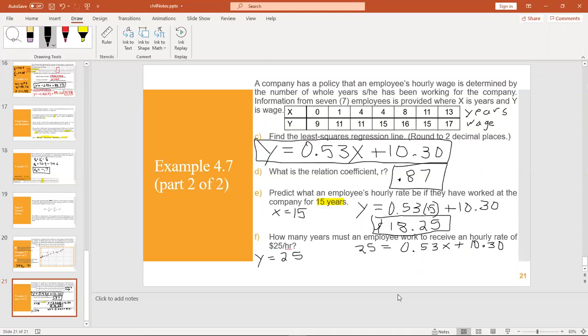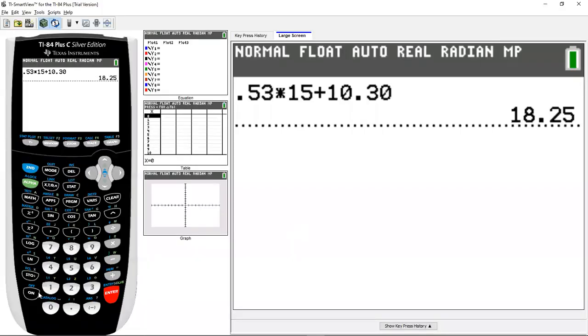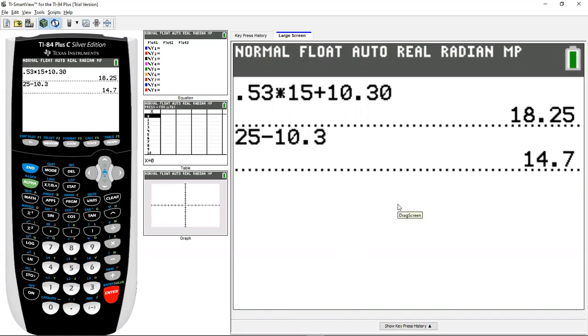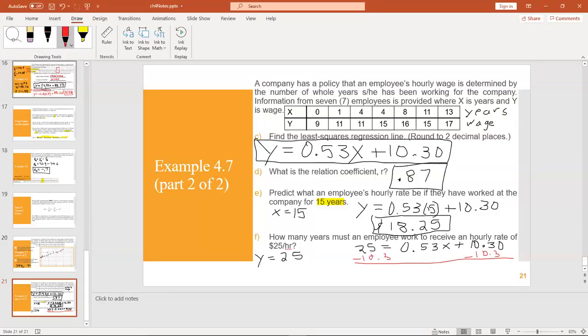Subtract 10.3 from both sides. That's a good place to start. What is 25 minus 10.3? That is 14.7.